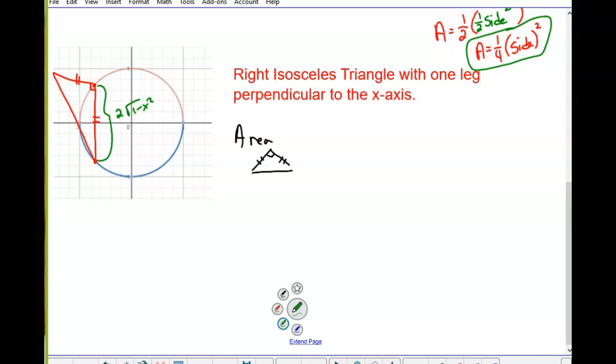Because what do we know? Each leg is the same, and that's my base. And that could be my height.